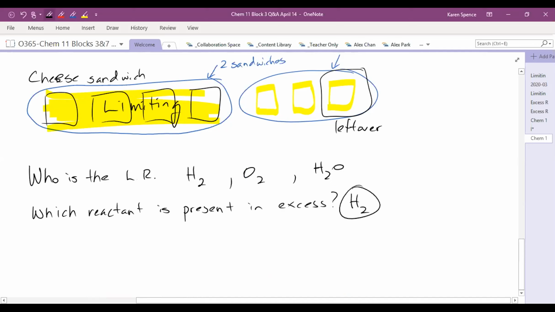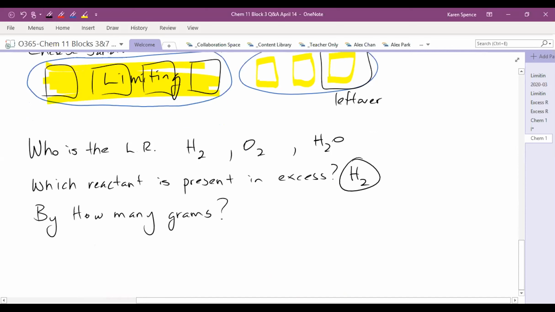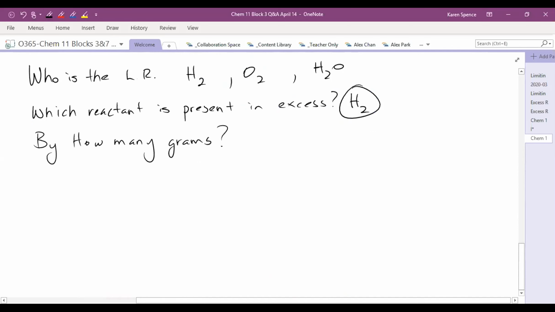Okay, and we also want to know by how many grams. Well, in order to do that, you are finding the leftover mass of the H2.